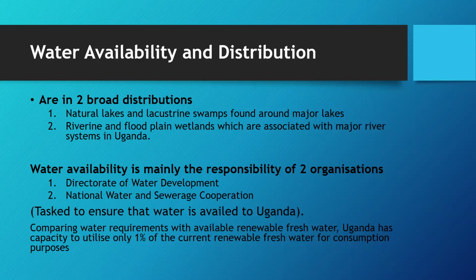These are tasked to ensure that water is available. Comparing water requirements with available renewable fresh water, there is capacity to utilize only 1% of the current renewable fresh water for consumption purposes. So this is what was found out.